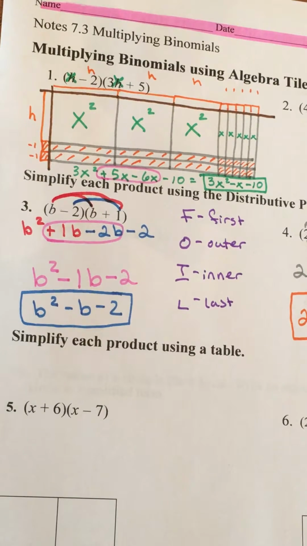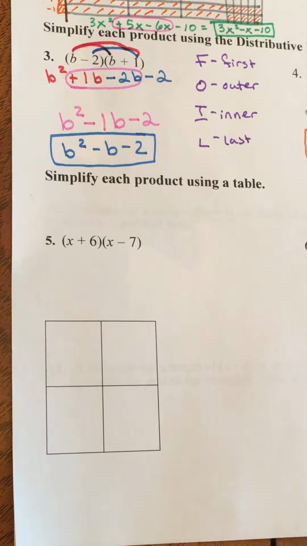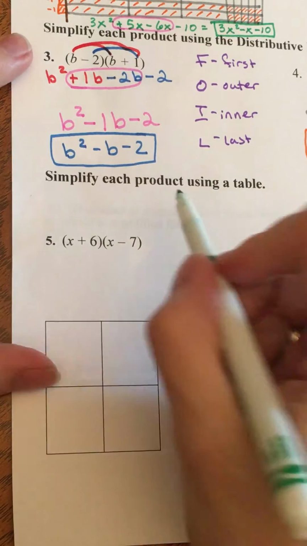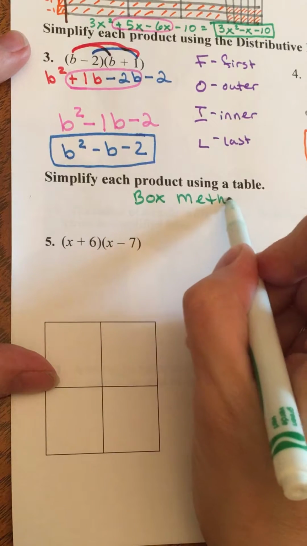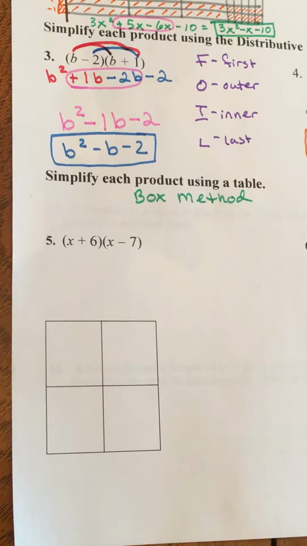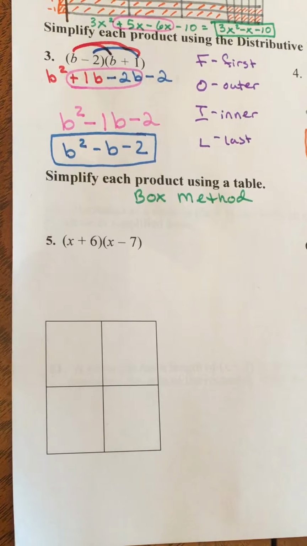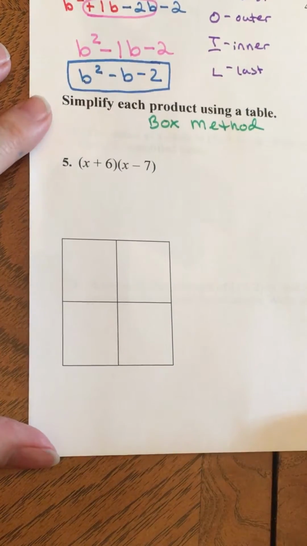Let's look at number 5 together. So number 5, this is frequently referred to as the box method. Let's write that. So this is a great visual example for people who want to fill in boxes, who want a picture to work with, but don't want to draw tiles.